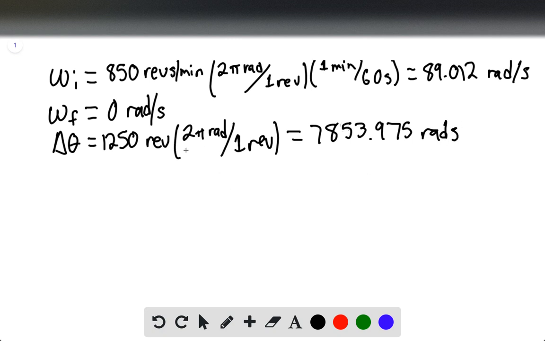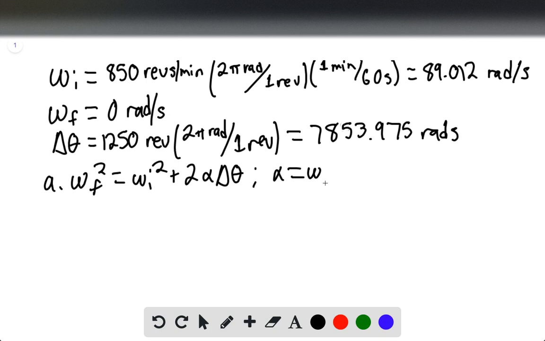At this point, we can say to find the angular acceleration, we can use angular kinematics and say that omega final squared equals omega initial squared plus 2 alpha delta theta. And this means that alpha is going to equal omega final squared minus omega initial squared over 2 delta theta.